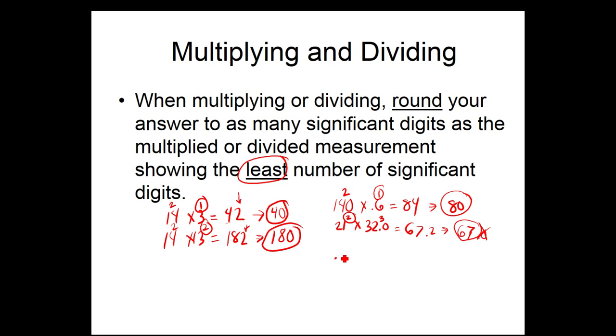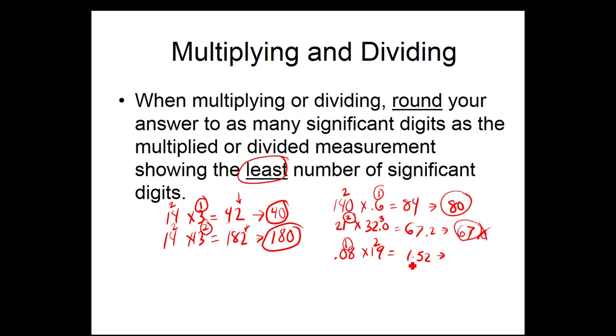Another one, real quick, 0.08 times 19 gives me 1.52. 0.08 has how many? 1 only. 19 is 2. Because remember, the 0 is to the right of the decimal, but not to a number. So it means I have to round 1.52 to only one significant digit.